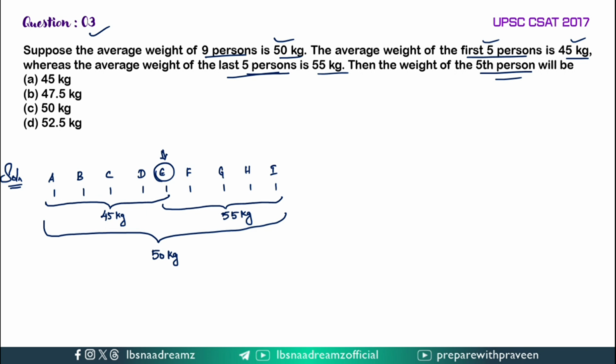The average weight of 9 persons, that is average weight of A, B, C, D, E, F, G, H and I. So we can write this as (A plus B plus C plus D plus E plus F plus G plus H plus I) divided by 9 is equal to 50.